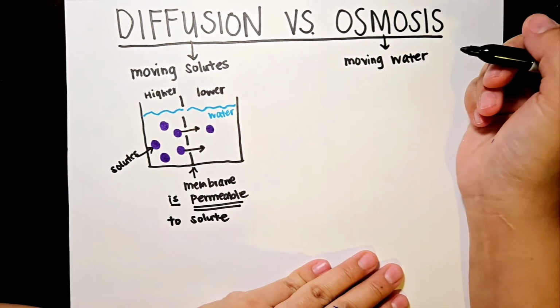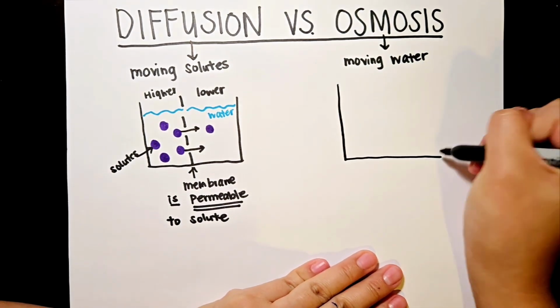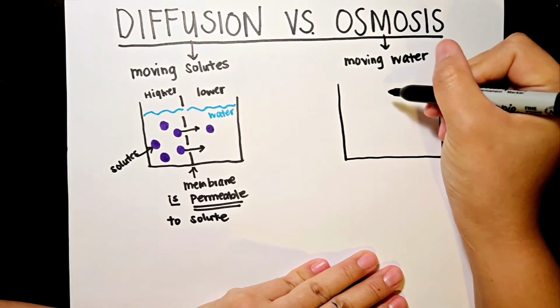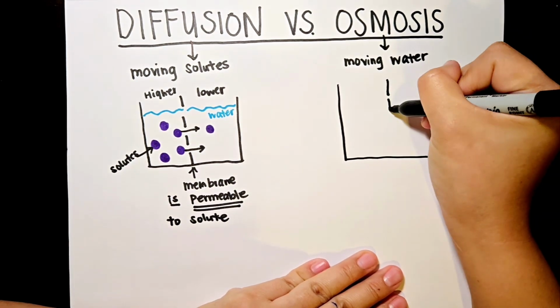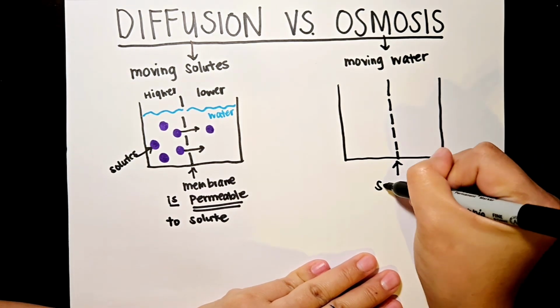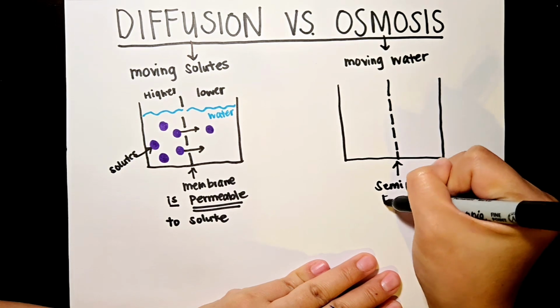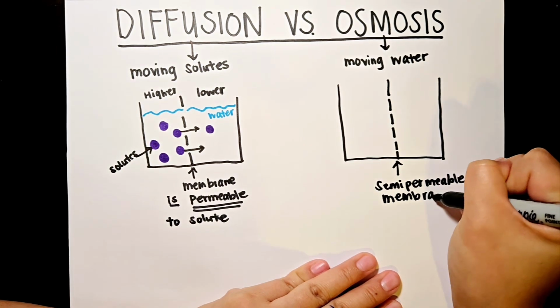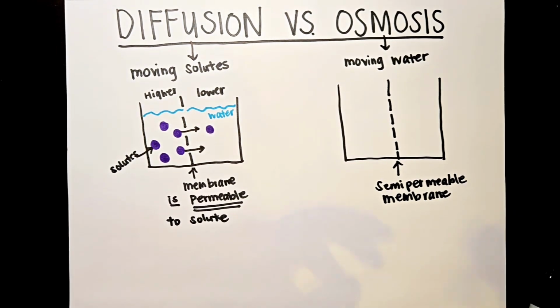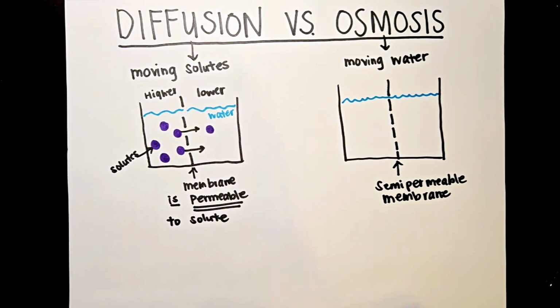When do we then have osmosis? Again, we have a similar situation. You have a container with a semi-permeable membrane, and again you have water on both sides.